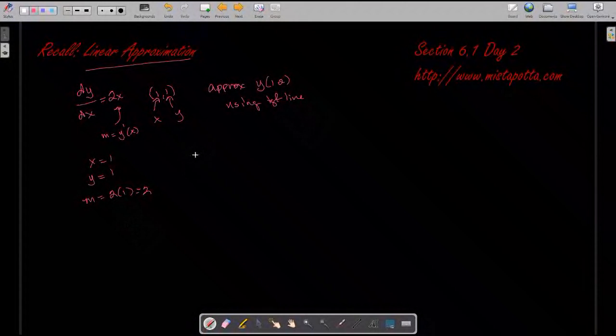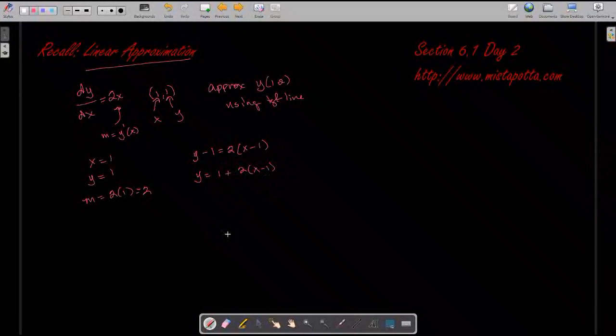And I can come up with a tangent line: y minus my y coordinate equals my slope times x minus my x coordinate. So y equals 1 plus 2 times x minus 1.